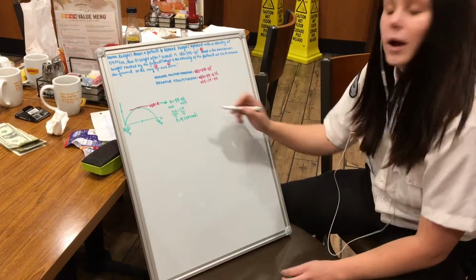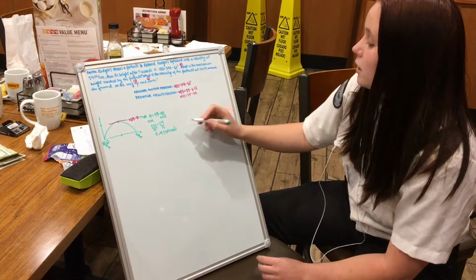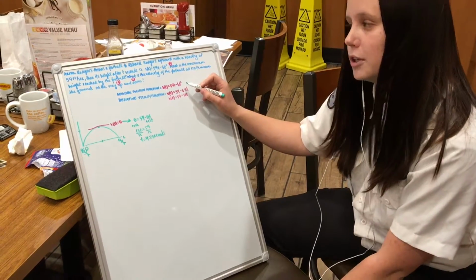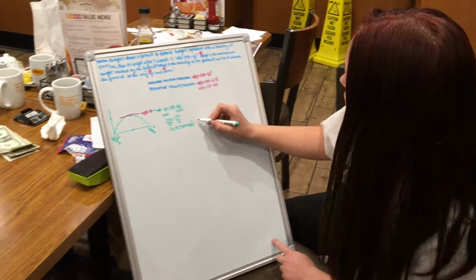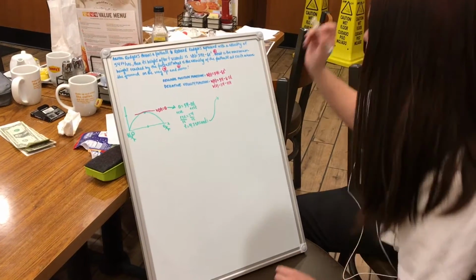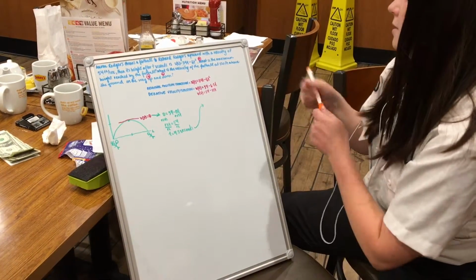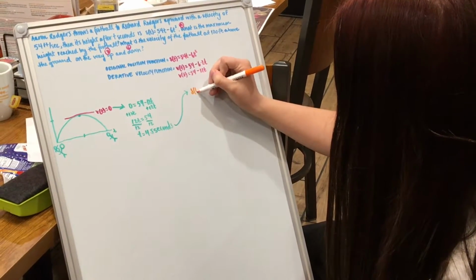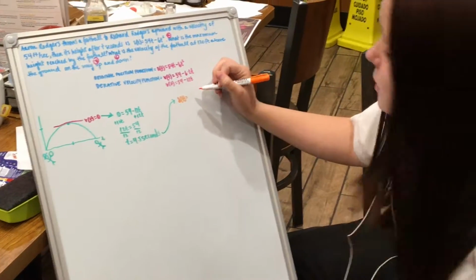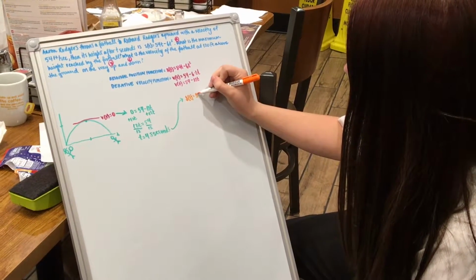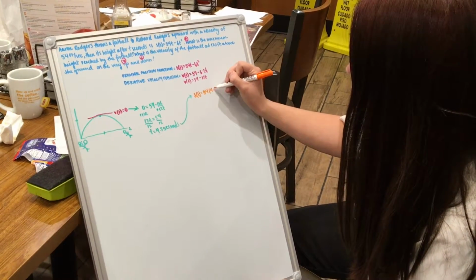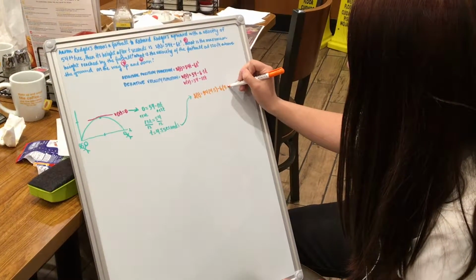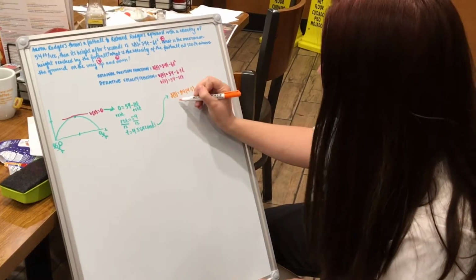So once we know how many seconds equals t, let's plug t back into our position function because we're looking for the maximum height. So come over here, and I'm going to get s of t, which is going to equal our maximum, is 54 times 4.5 minus 6 times 4.5 squared.